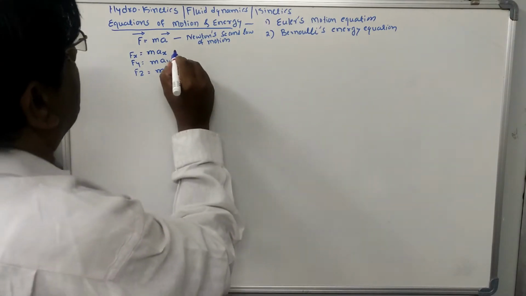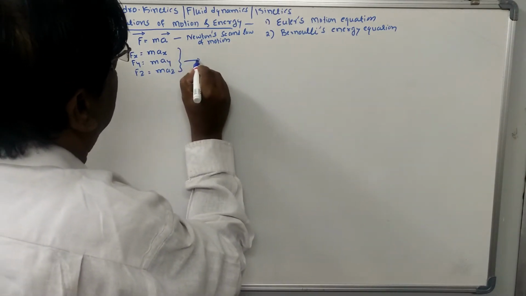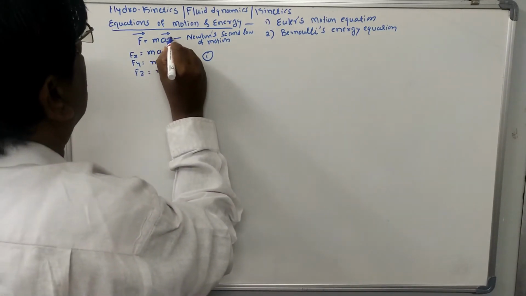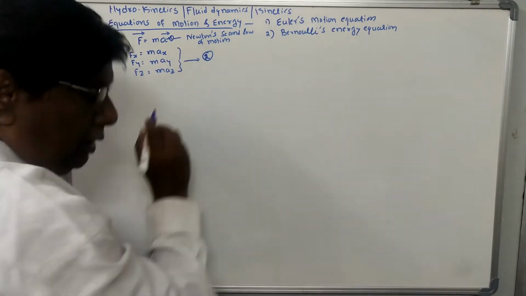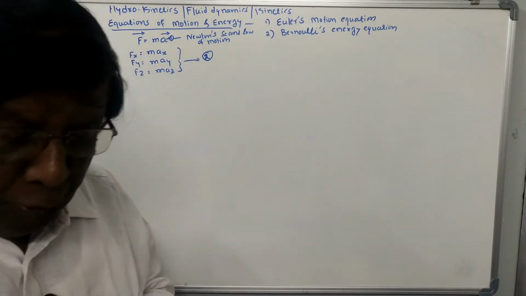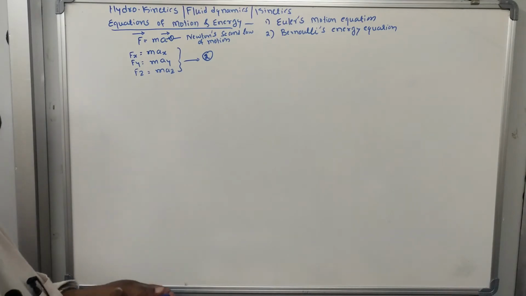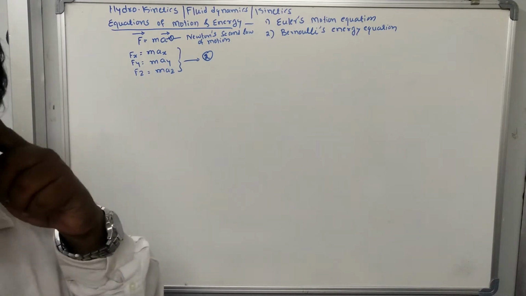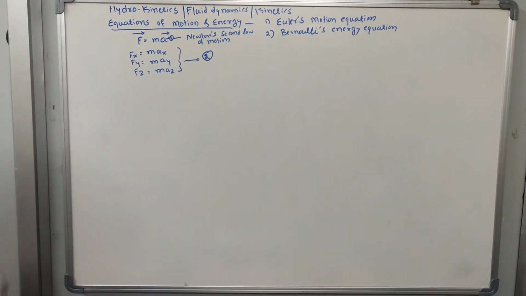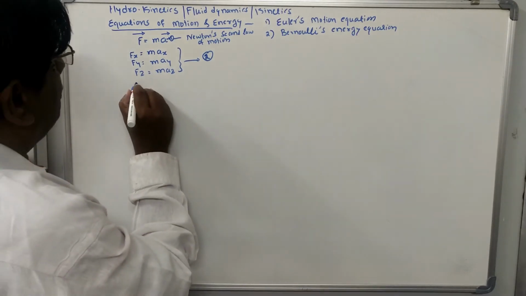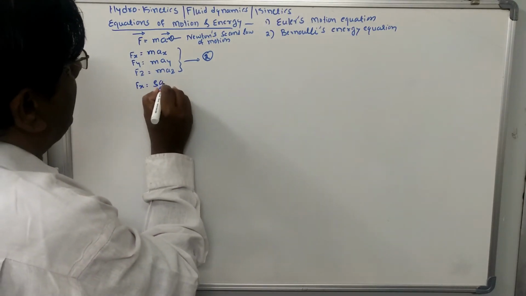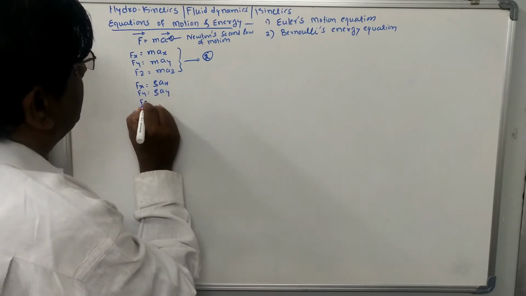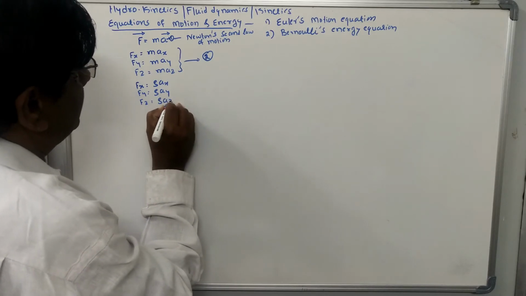You can call this set of equations 1, or equation 1, and this is equation 2. Normally, in the study of fluid dynamics, we consider mass per unit volume, that is Fx is equal to rho ax, Fy is equal to rho ay, Fz is equal to rho az.